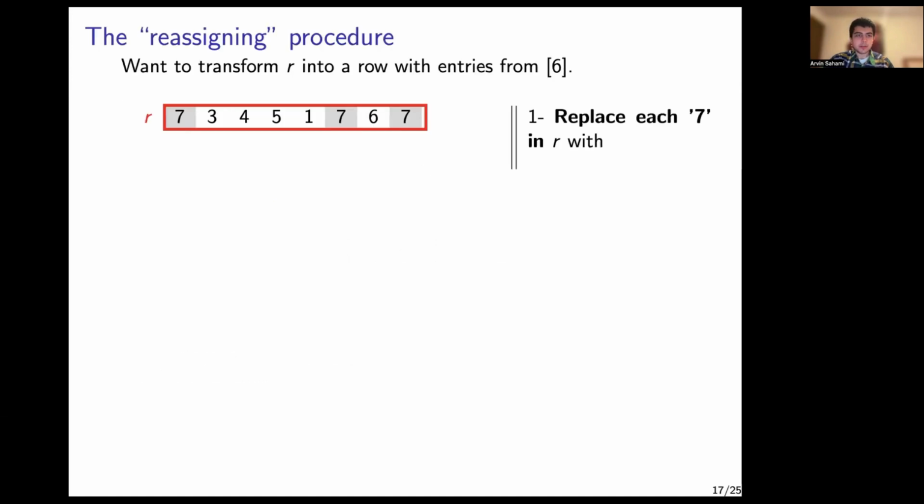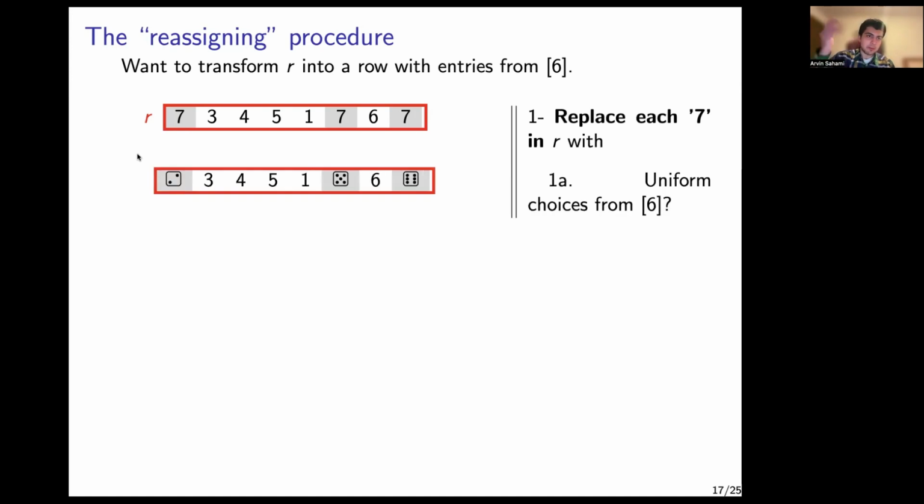I'm going to look at all these 7s, and I somehow want to change them to entries in 1 through 6. I would want to do this in a fair way, so how about doing it at random? If you assign a random variable to each of these, maybe that's sort of fair, but it doesn't really make sense because you would want to assign a single number to each of these entries, not a random variable.